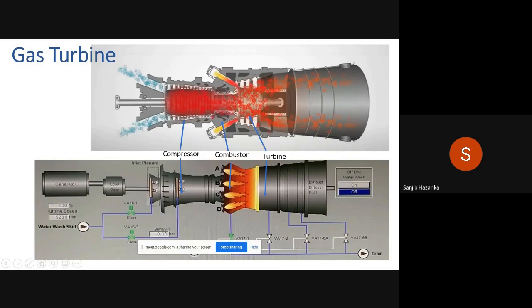It will have a bunch of combustor cans around the circumference, and when it starts burning, it goes to the turbine section. I think they have four stages in this turbine section, and ultimately it will go to the exhaust column, and then it will go outside of the gas turbine.